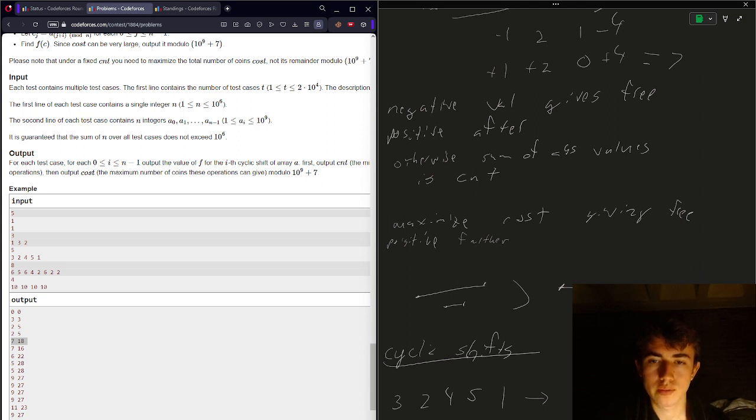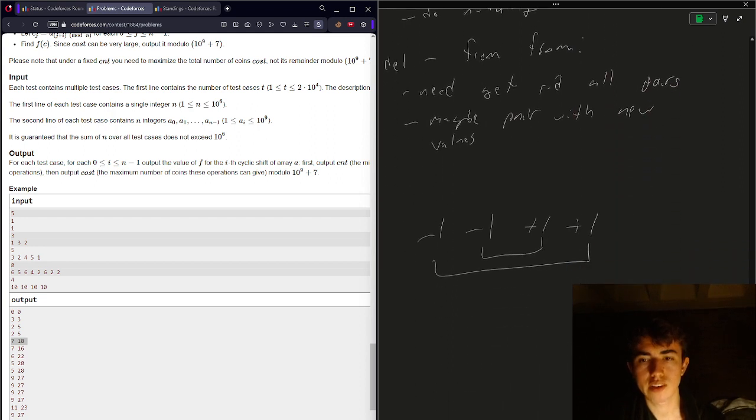Farther than future free, but closer than unfree. Okay, so what I mean by this is, let's say you have an array like this.